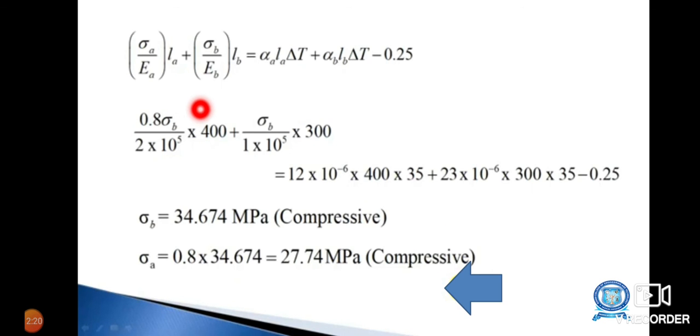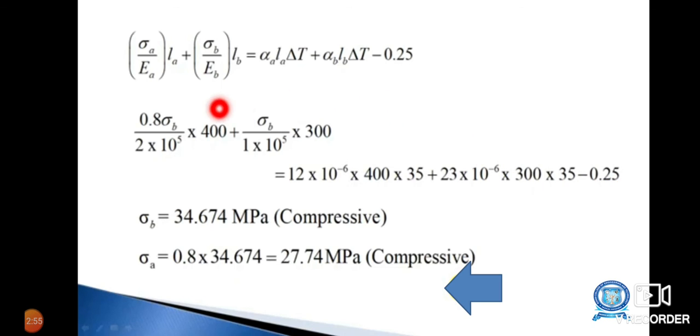So we apply all the given values and calculated values in this formula. So 0.8 sigma B divided by 2 into 10 power 5 into 400, plus sigma B divided by 1 into 10 power 5 into 300, is equal to the thermal expansion: 12 into 10 power minus 6 into 400 into 35, plus 23 into 10 power minus 6 into 300 into 35, minus 0.25.